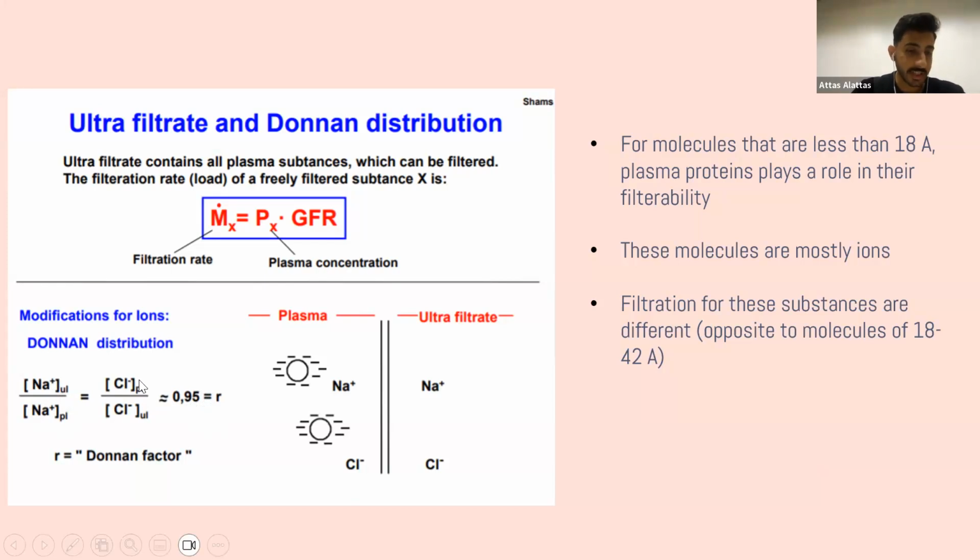Its filtration is nearly 1. So for these substances, the sodium in the ultrafiltrate divided by the sodium in the plasma is equal to 1. The chloride ratio is also equal to 1. This tells you that the sodium is more likely to be filtered if it is, sorry.